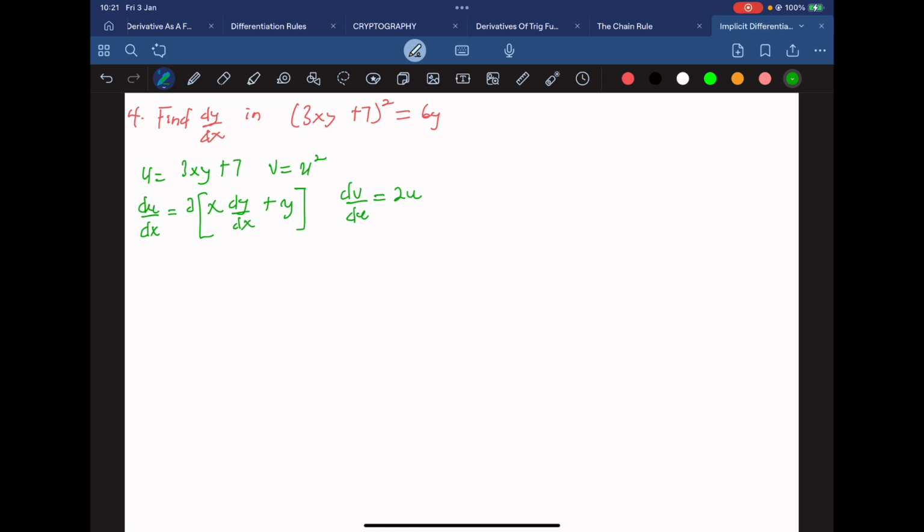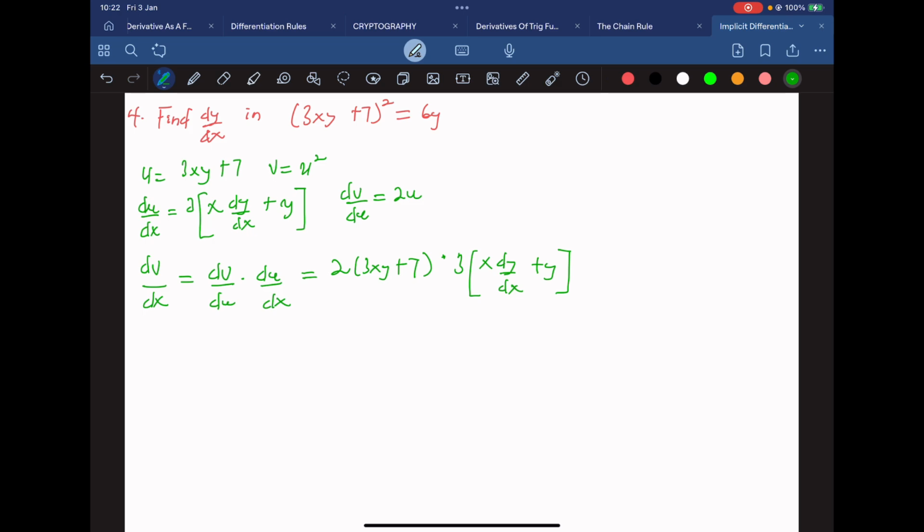So now dv/dx is just dv/du multiplying du/dx, which is basically, now dv/du is 2u, but u we had 3xy plus 7, and our du/dx is, we have multiplying 3 here, then we have x dy/dx, then plus y.